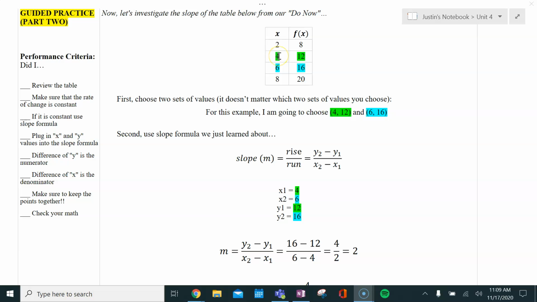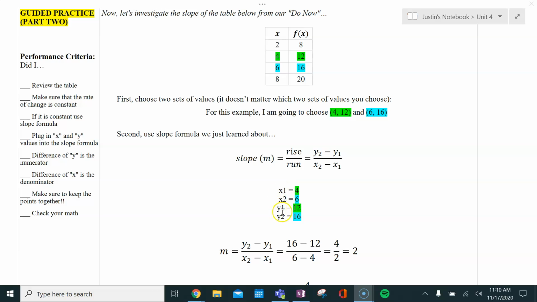So our x1 value is going to be 4, our x2 value is going to be 6, our y1 value is going to be 12, and our y2 value is going to be 16. Now that we have these 4 numbers, we can plug them into our slope formula, y2 minus y1 divided by x2 minus x1.